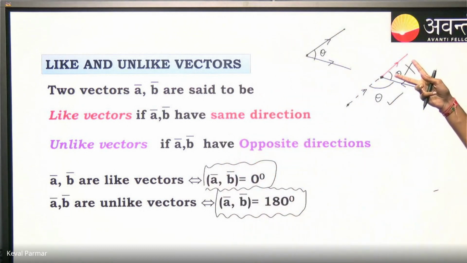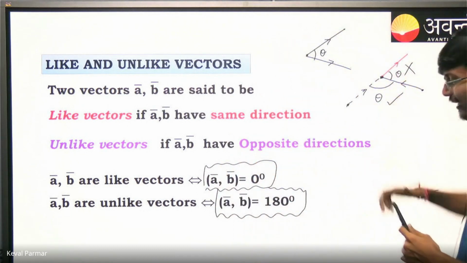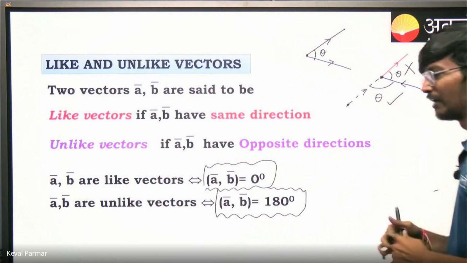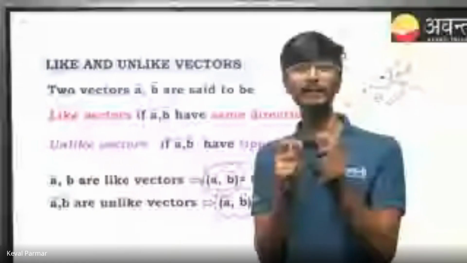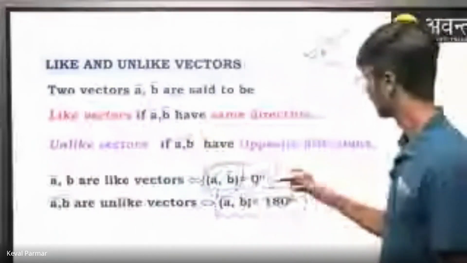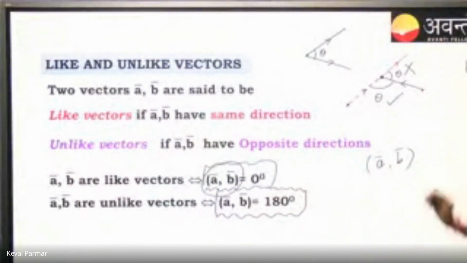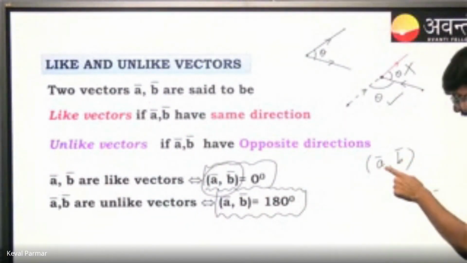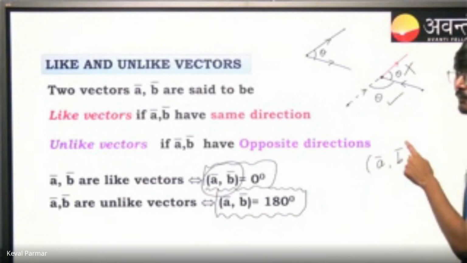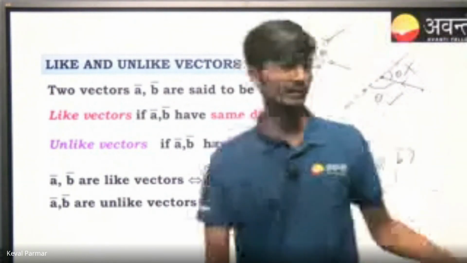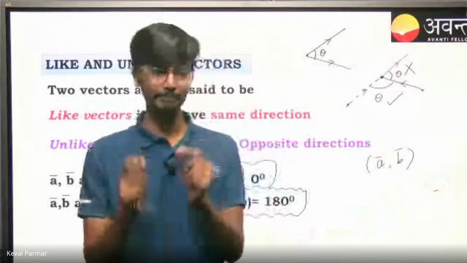If they are not co-initial and not co-terminal, we'll use our free vector theory. It is written like A bar comma B bar with a cross, and this denotes the angle between A bar and B bar.